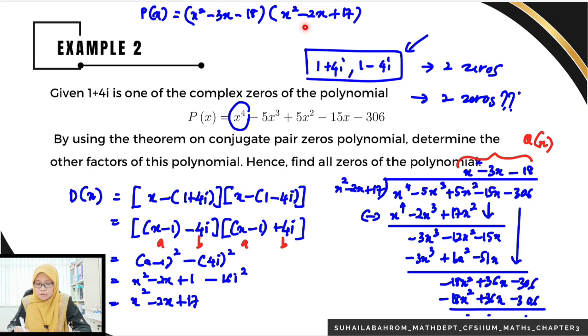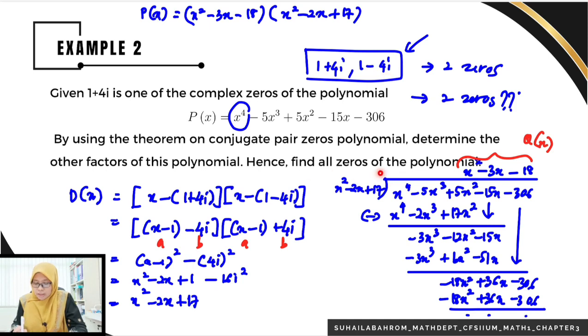It's up to you whether you put the divisor first or the quotient first. From this quadratic, we know we get two complex zeros: 1 plus 4i and its conjugate, 1 minus 4i.